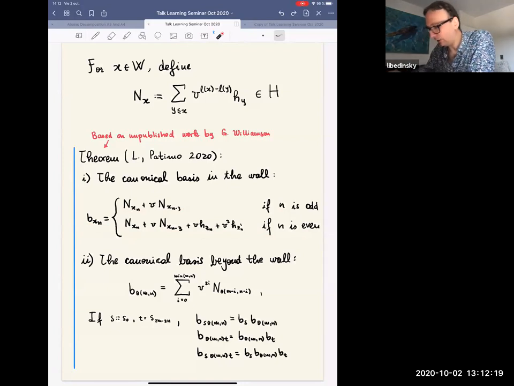And the canonical basis in the thetas, the canonical basis in theta m,n, is just the sum of v to the power 2i of theta m minus i, n minus i. So it's extremely simple, that's the point. It's amazingly simple. And then you could ask yourself why this gives you all.